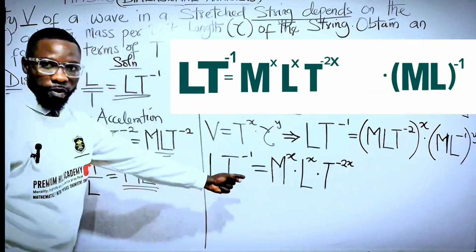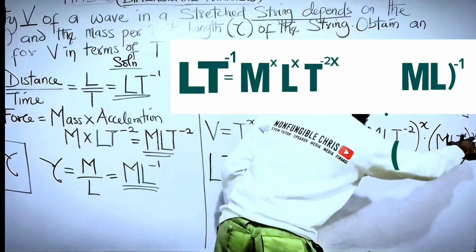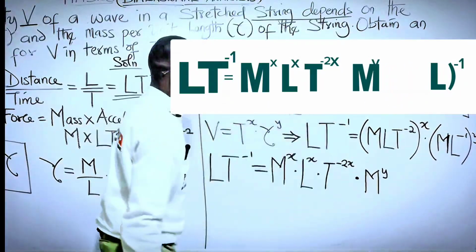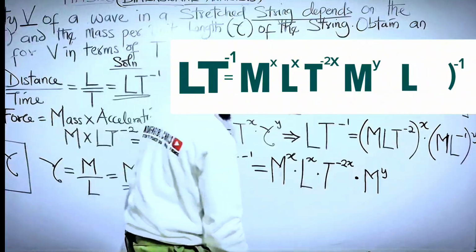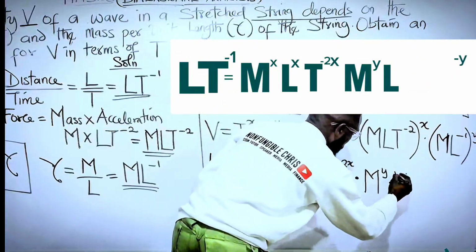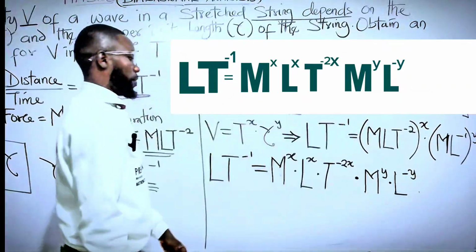Alright, I've opened the bracket for the first one. Now for the second one, what do we have? Here we have m raised to power y, and then L raised to power -y. That's what we have. Right?